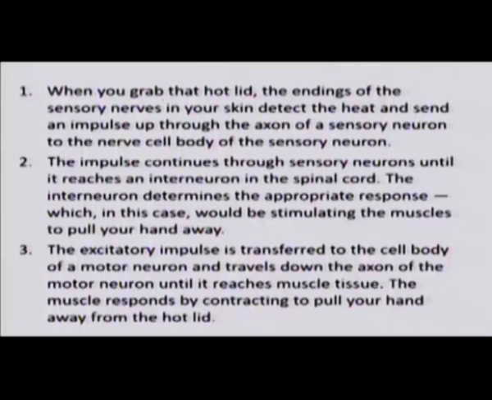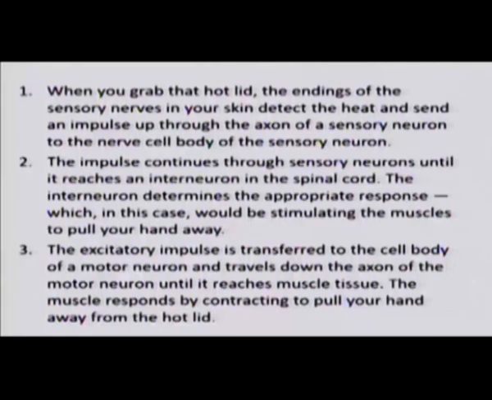Point number 1, when you grab that hot lid, the endings of the sensory nerves in your skin detect the heat and send an impulse up through the axon of a sensory neuron to the nerve cell body of the sensory neuron. 2, the impulse continues through sensory neurons until it reaches an interneuron in the spinal cord.